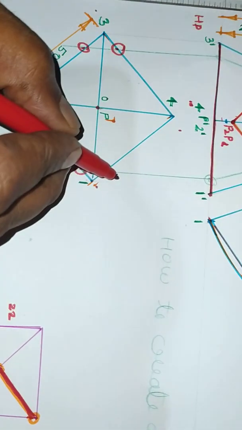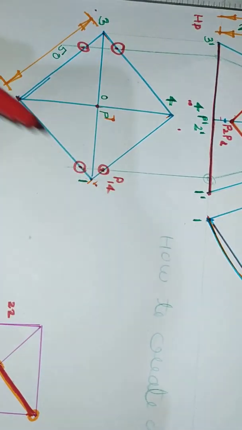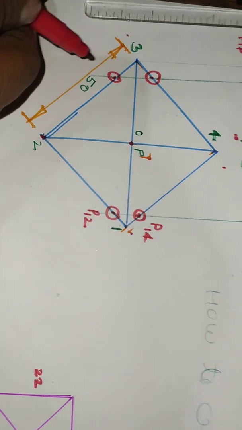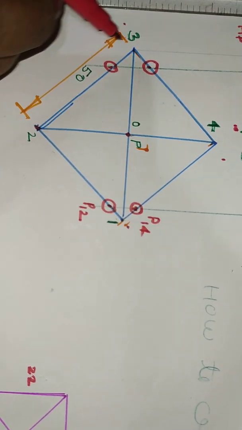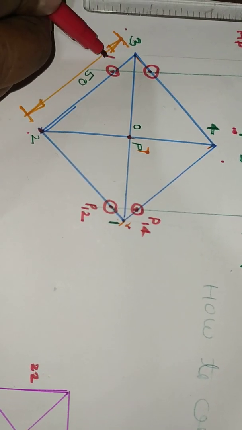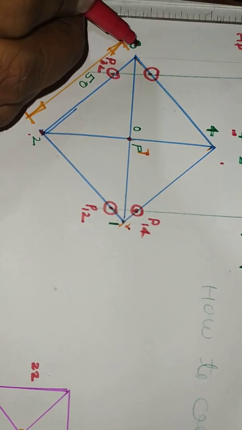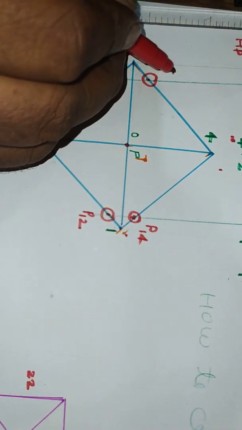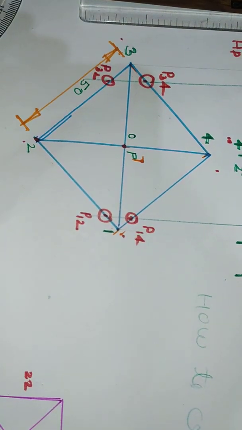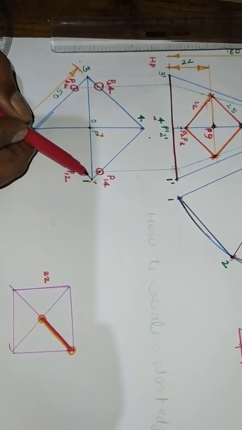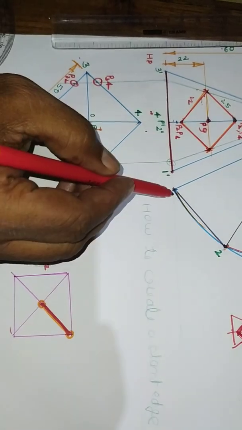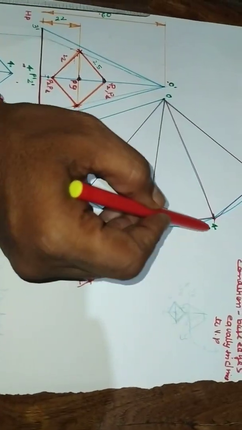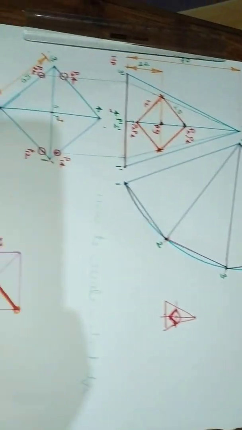This is 1-4, so I will name it P14. This is 1-2, P12. This point lies between P23, P32. This point lies between P34. This is the 1-2 edge, the 2-3, 3-4, 4-1.